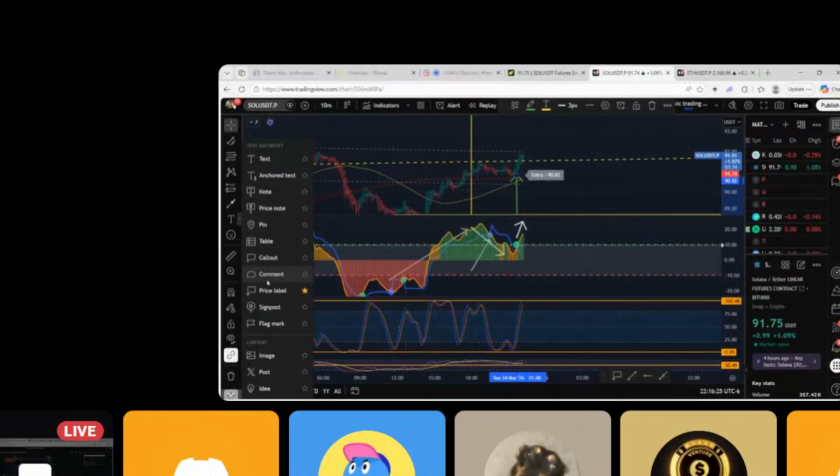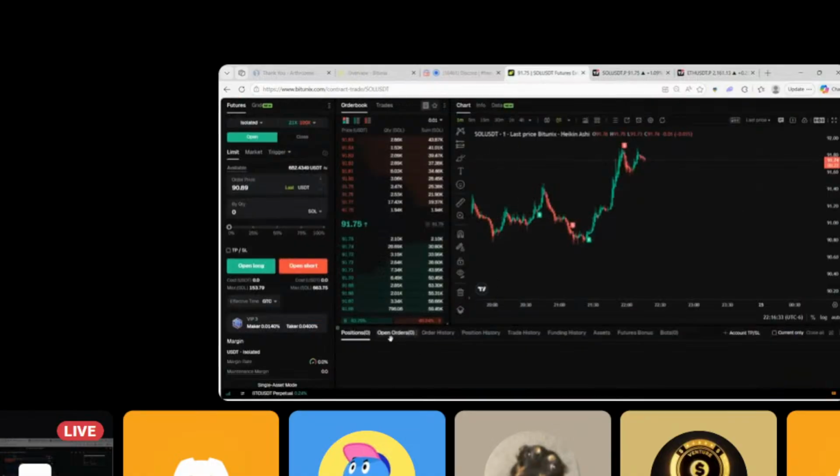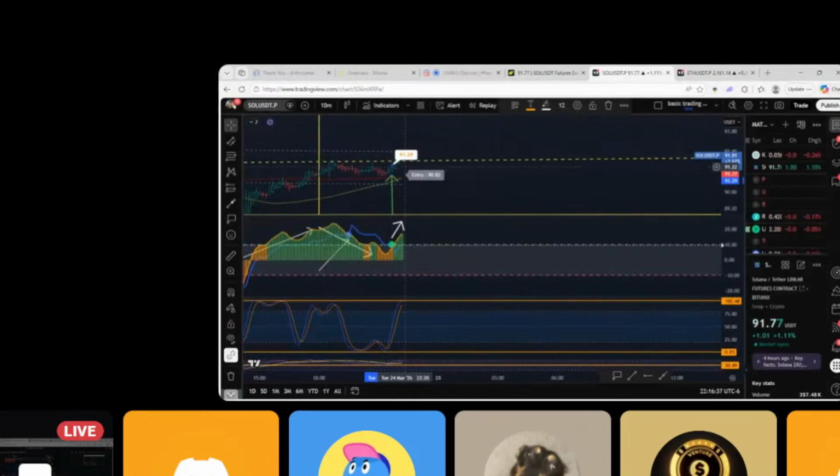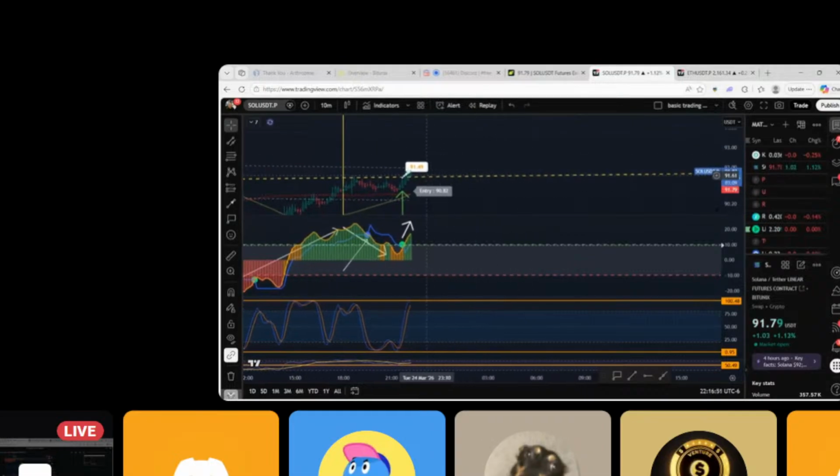That's why we do this. We know this trade here, and I can go look at my trade and open order to see what my price was, but based on this, my order would be somewhere around the top. We don't take the bottom of the candle like it was a super entry; we take the middle of that wick. So we're going to say 91.49. All we're going to do is let this play out, right?